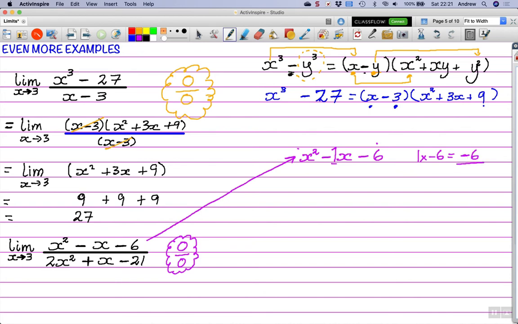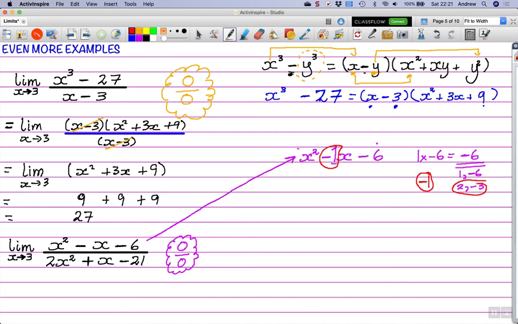We're now going to work out all the factor pairs of minus 6, so 1 comma minus 6, 2 comma minus 3. And we're looking for a factor pair that will add up to the middle number, and the middle number is minus 1.